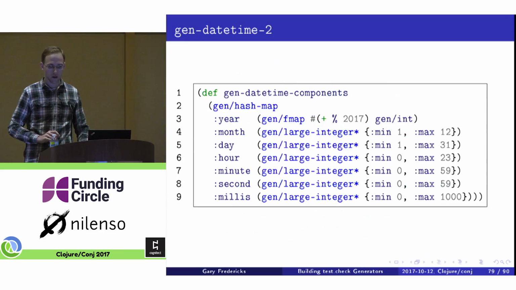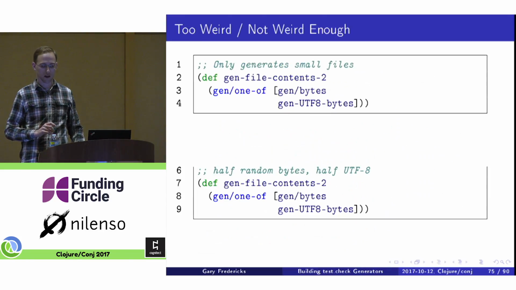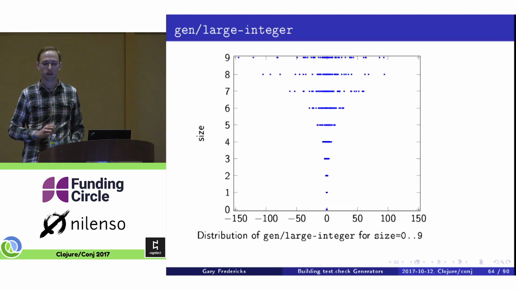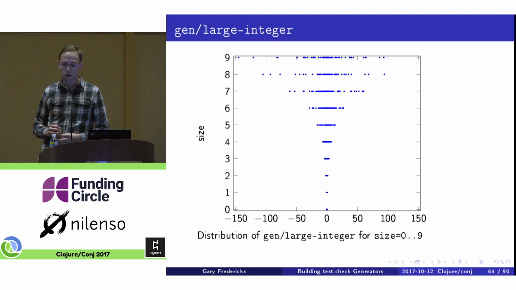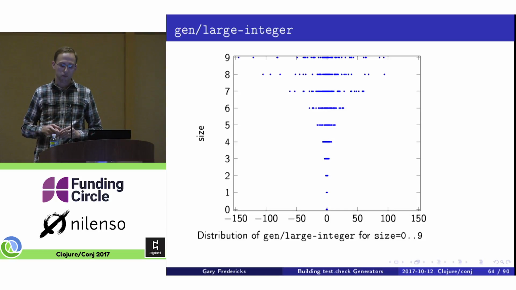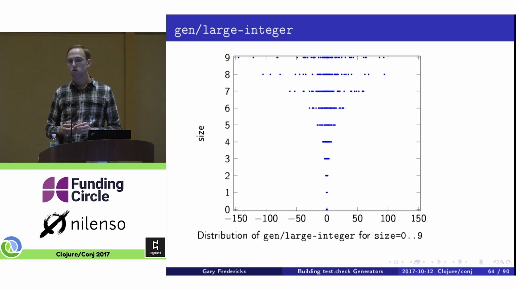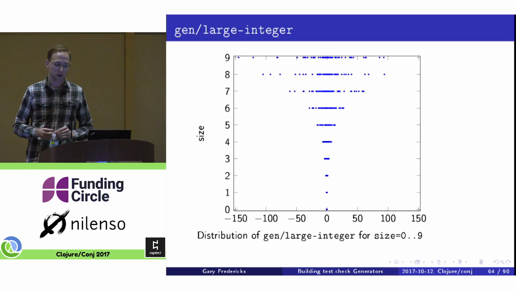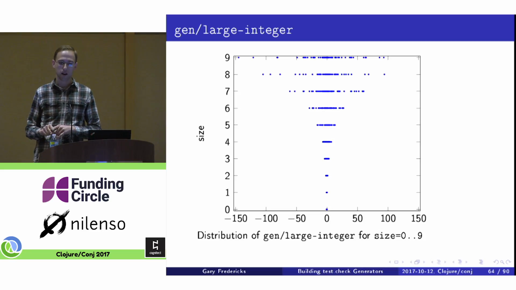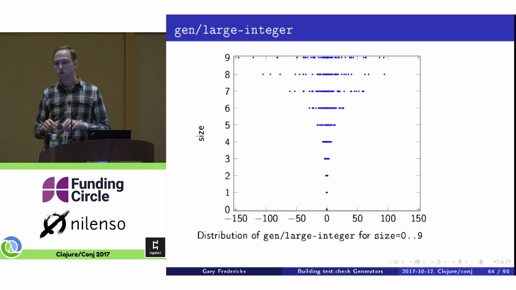So the question was about base cases like 0 or an empty string or 1970. I think this chart here sort of also gets at the question. So a lot of the generators do have this sort of simplest case that they'll generate if you give them a small size. They'll just start with that. And they will also sort of center around that.